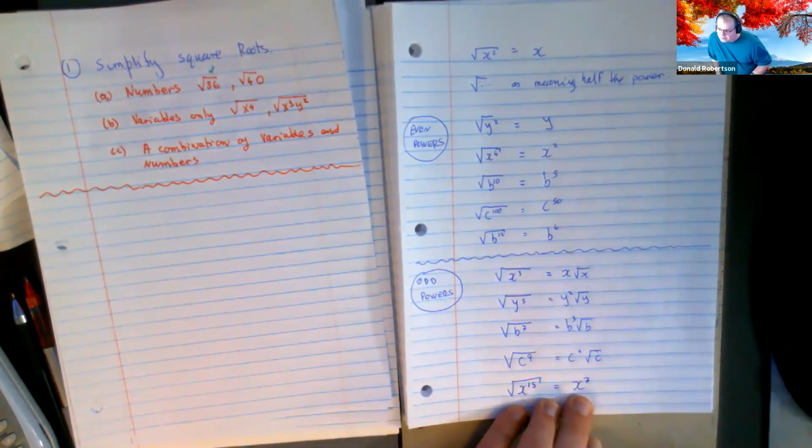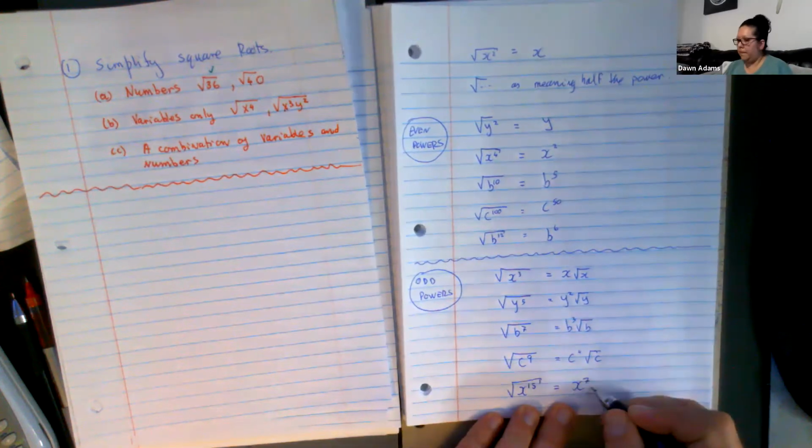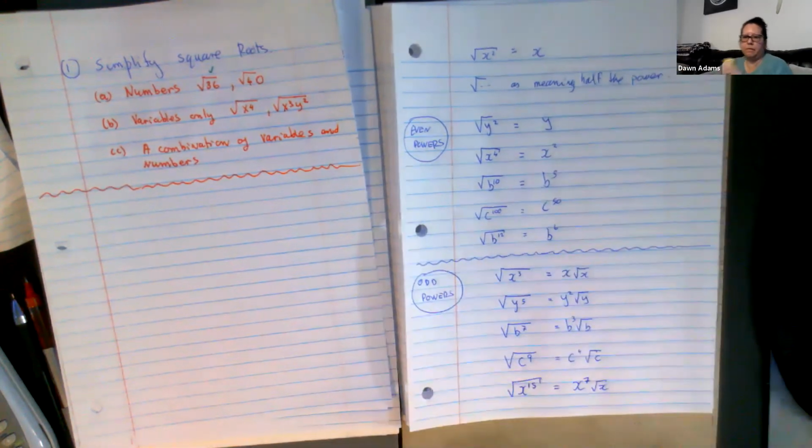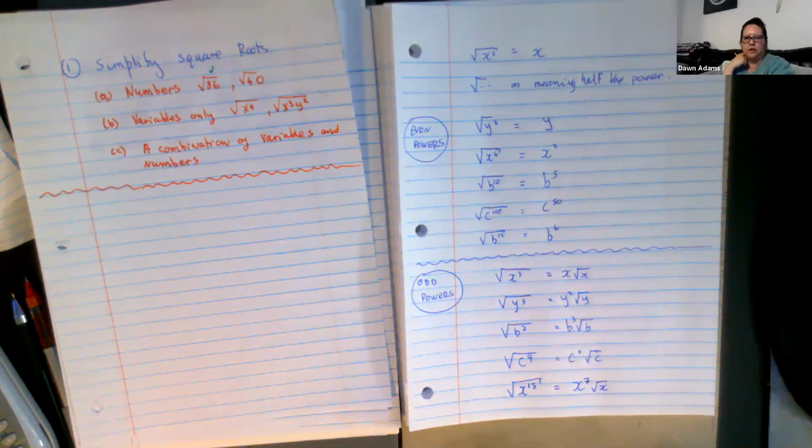But what else would you get left over? Square root x. Where did your 7 come from? It's the right power rather than 5. I just followed the pattern, so I took the 14 out and then I left the 1 over. So x to the 14 turns into x to the 7.